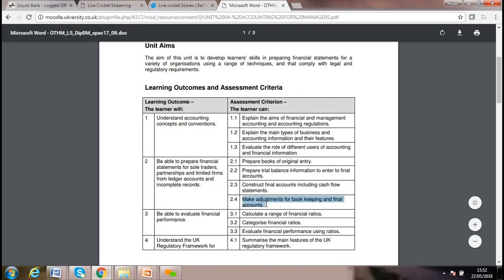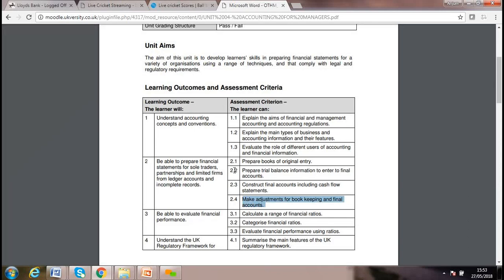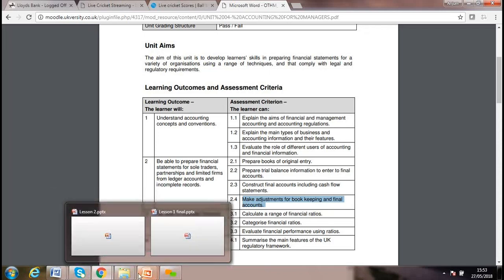If you copy and paste it underneath, you can write it up a little. That will meet our learning outcomes 2.1, 2.2, 2.3, 2.4. In the next lesson I will demonstrate the cash flow statement, because it's quite a big element. We cover almost everything except the cash flow.